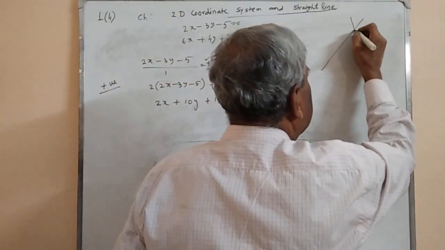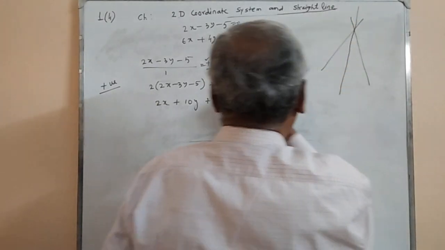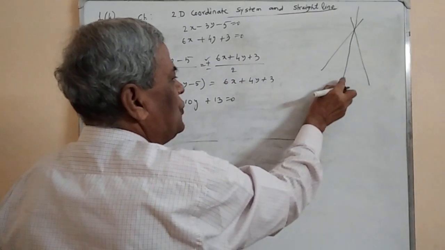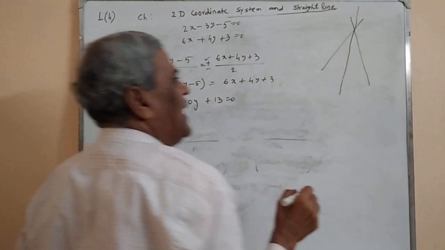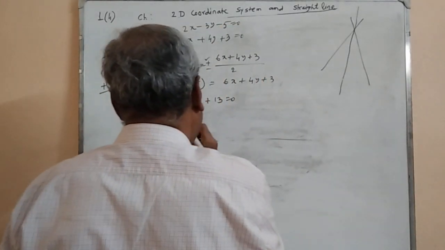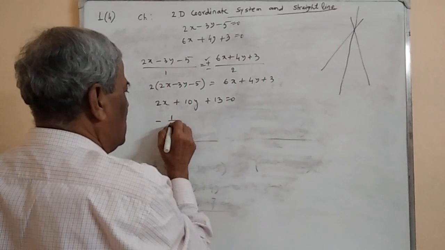Suppose we take that this is the equation of the bisector of the acute angle. Its gradient is minus 2 by 10, that is minus 1 by 5.